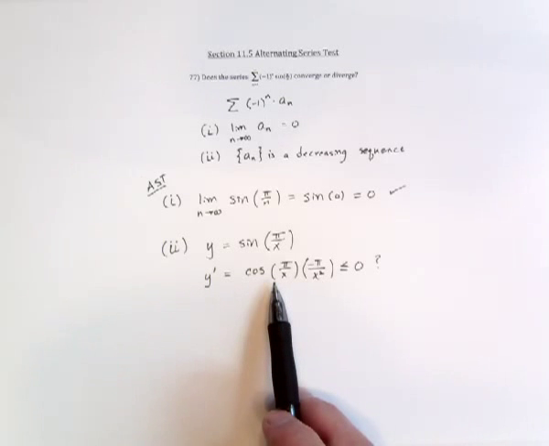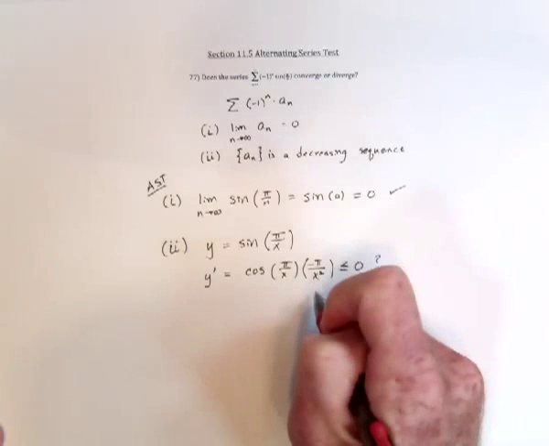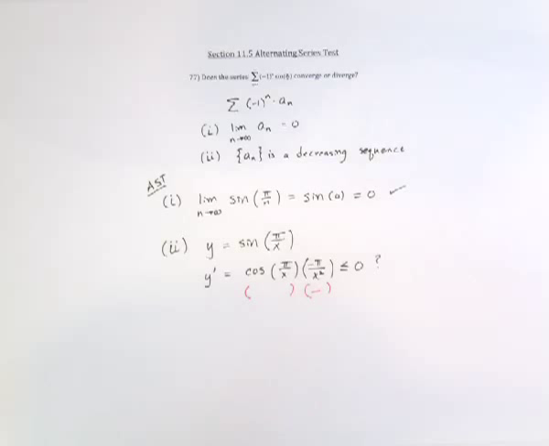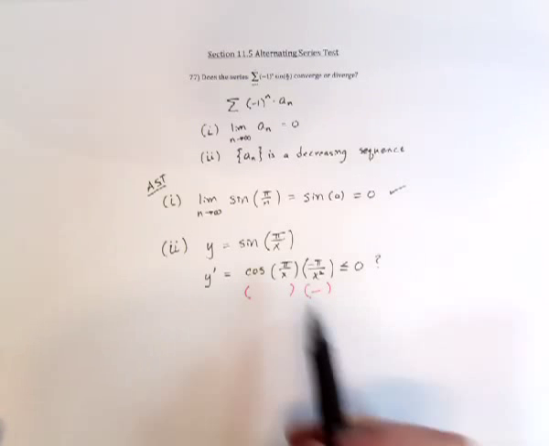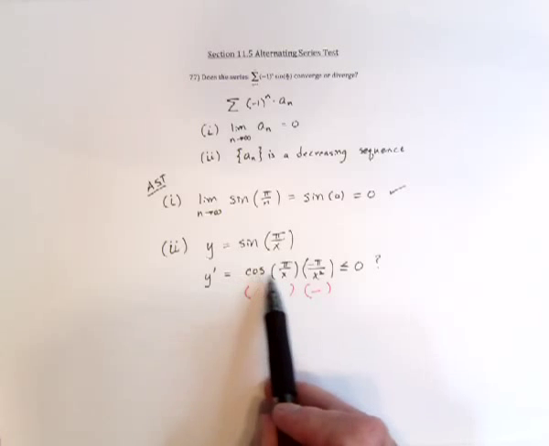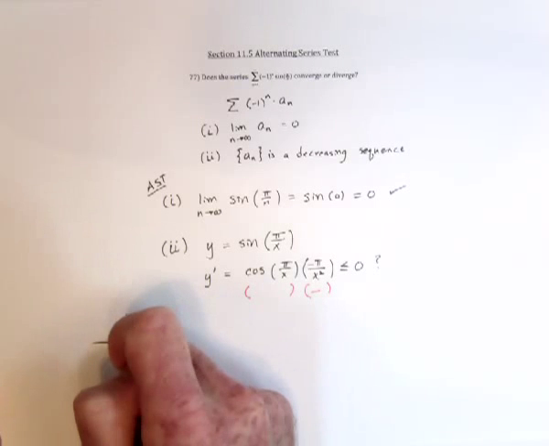What about this cosine part? Couldn't cosine turn into a negative? So in here, we know that this part is going to be negative, but what about the cosine part? So cosine of pi divided by something. So if this something is very large, you've got pi divided by something very large, means the result is very small. So we're talking about a cosine of a very small number. Well, cosine looks like this.